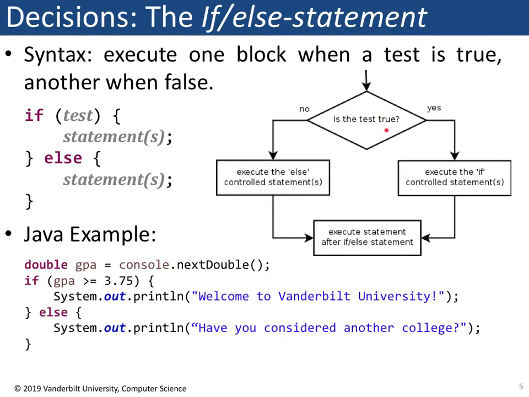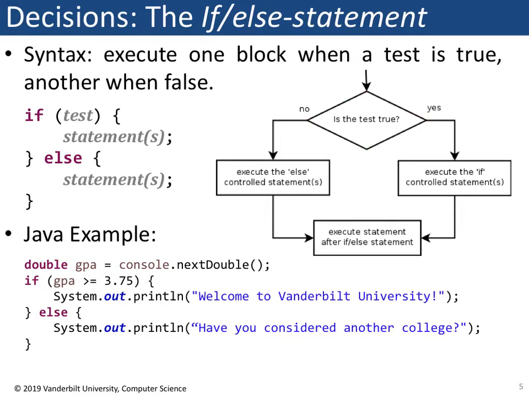And the question is, is the test true? If the test is true, then we will go with the yes path. If the test is not true, we go with the no path. And this is, again, a good illustration of why it's called flow control. So the diamond here represents a decision statement.